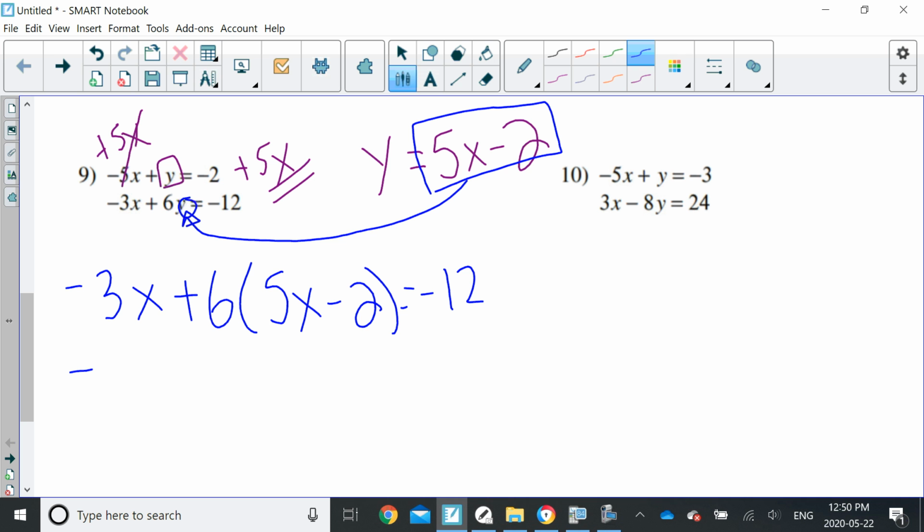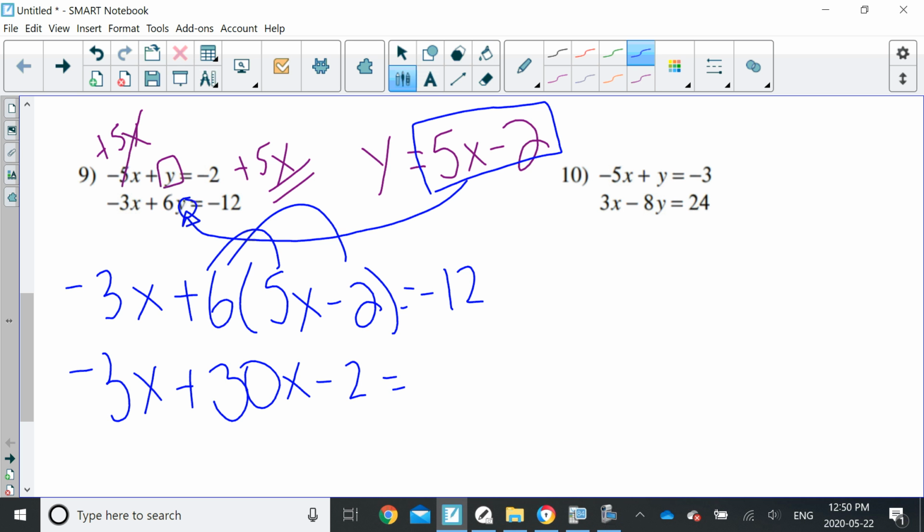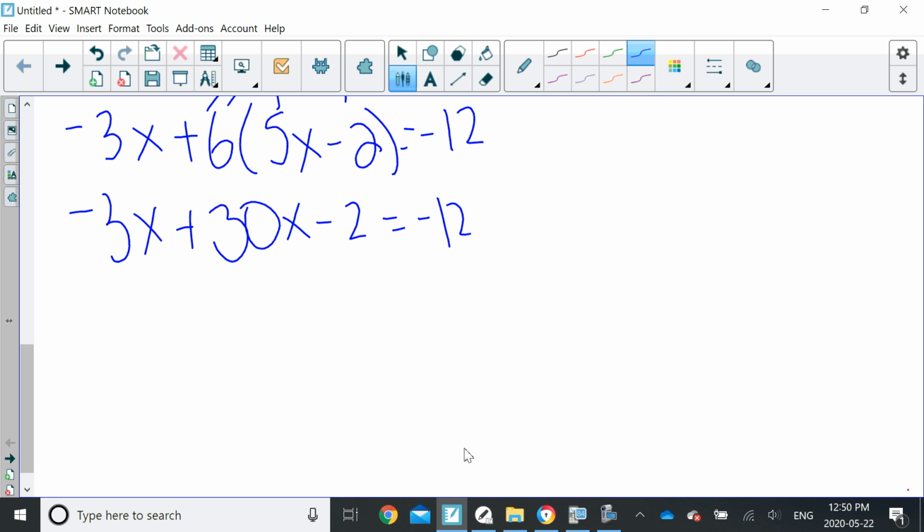So let's quickly solve this. Negative 3x plus 30x minus 2 equals negative 12. Like terms together, negative 3 plus 30 is 27.